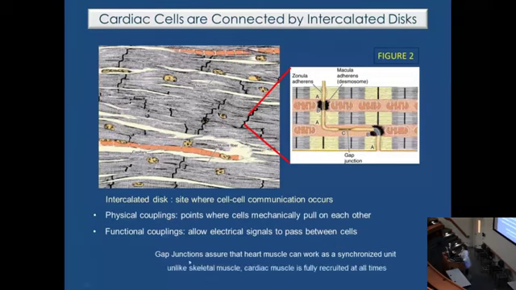So then, unlike a skeletal muscle, cardiac muscle is fully recruited at all times. So we can consider the cardiac muscle as one giant motor unit. Okay, once let's say that there is an action potential in the SA node, then all the cells will be excited. Okay, questions?